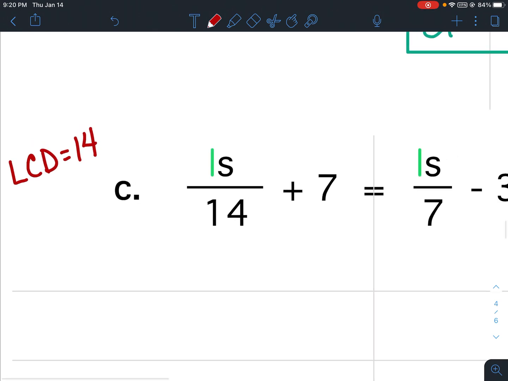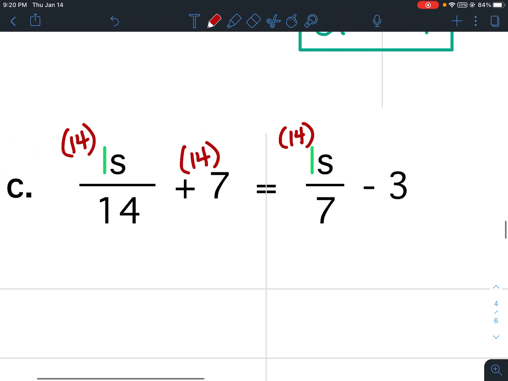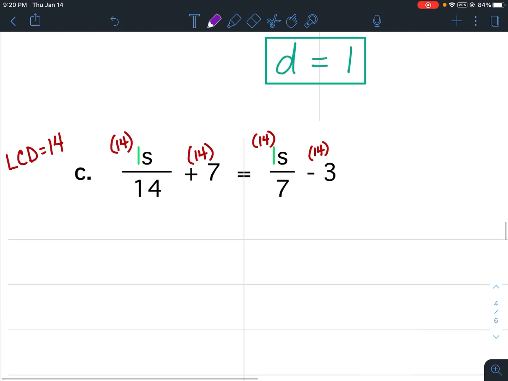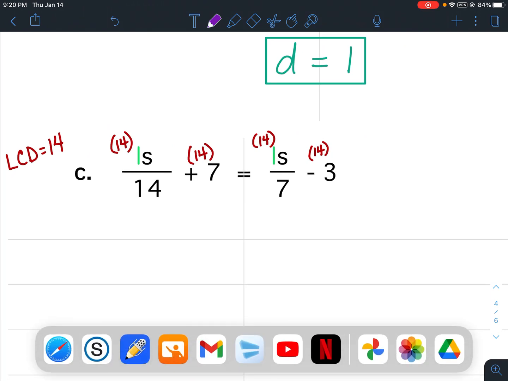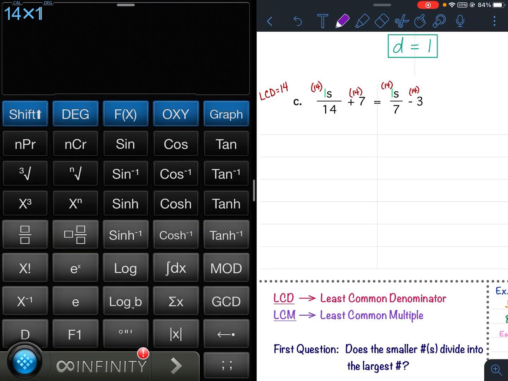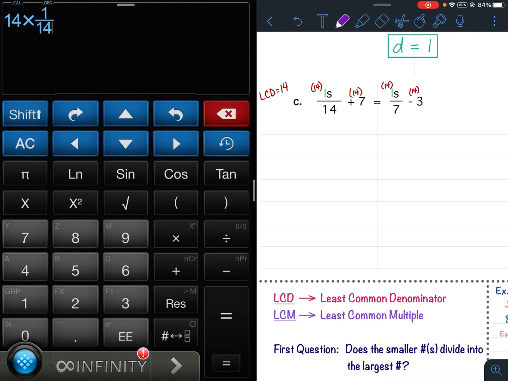That means I'm going to multiply every term by 14. I'm going to distribute 14. All right. So I'm going to take 14 times 1 over 14, and I get 1.